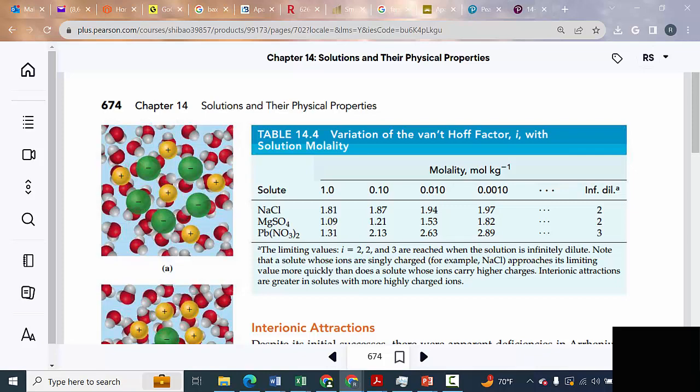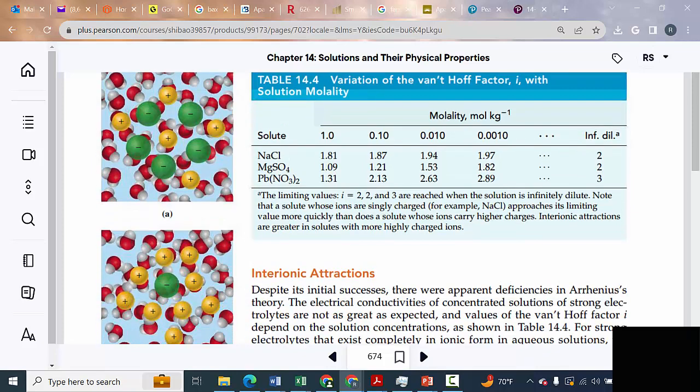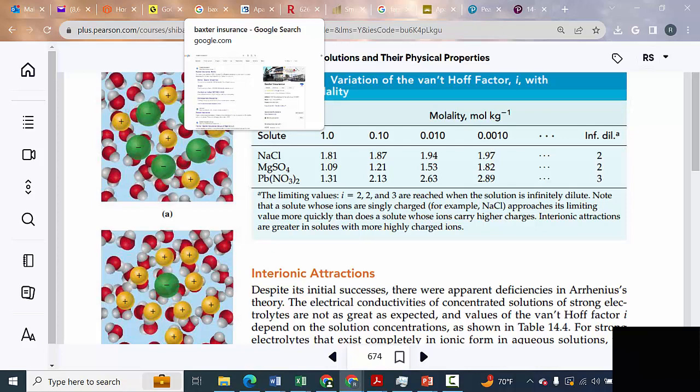These are illustrations of pairing interactions. It's not ionically bonded, it's just ion-ion attractions. They're paired momentarily and then break apart. But that pairing means they don't act individually, they act as a pair or cluster.